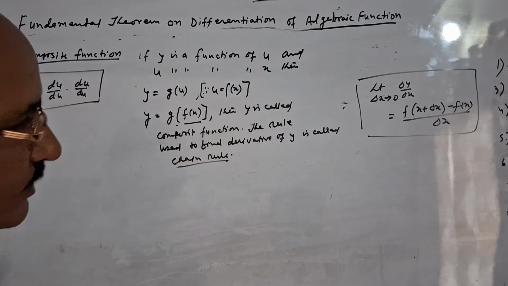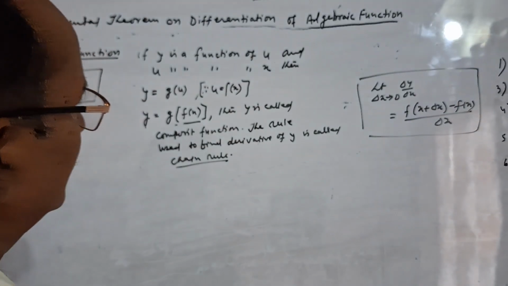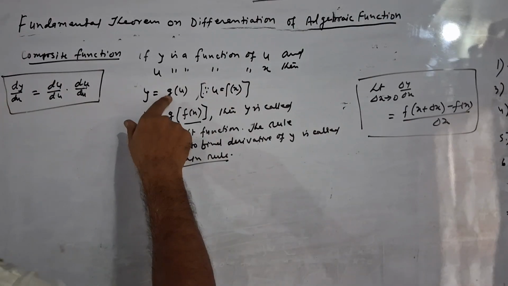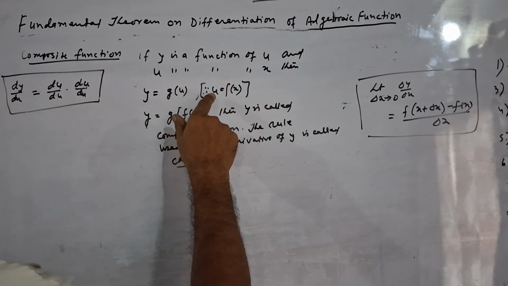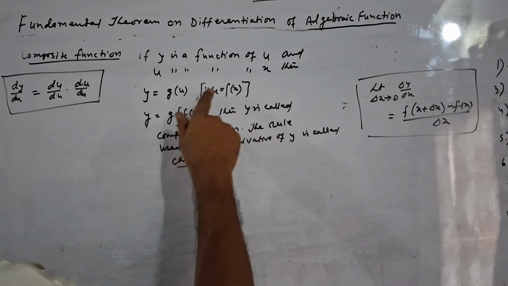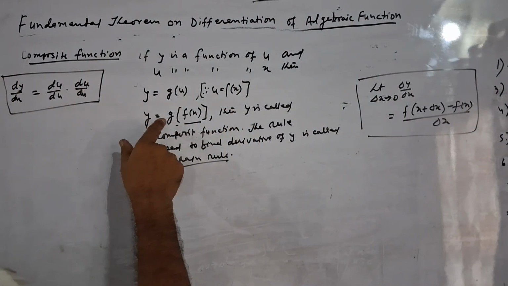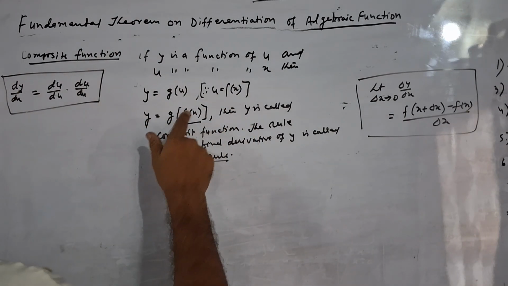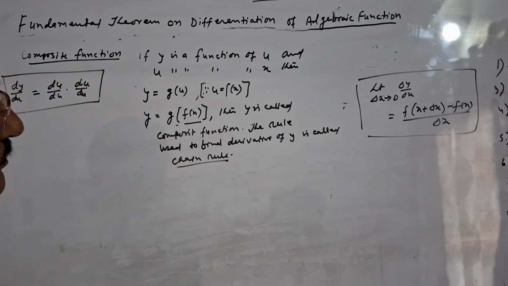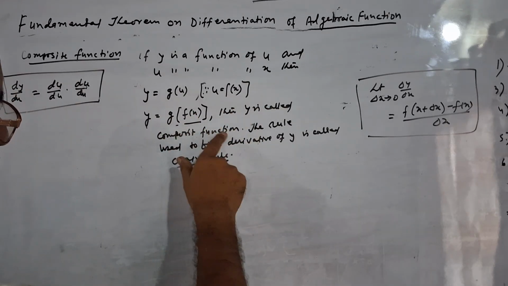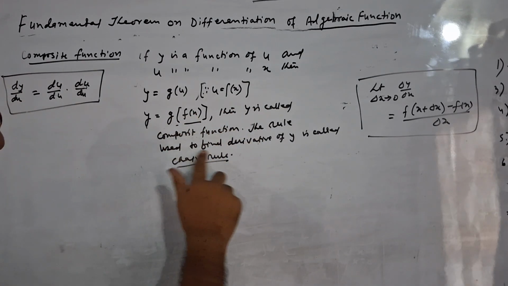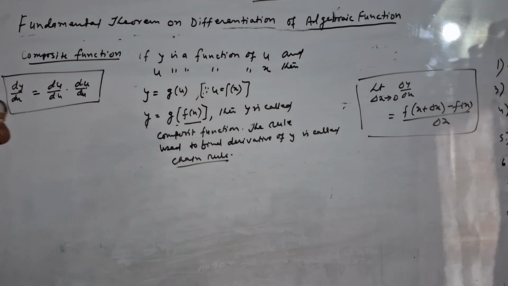We can denote by any of the letters. Now u can be denoted as f(x). Then we can write y equal to g of f(x). Then y is called the composite function. The rule used to find the derivative of y is called the chain rule.